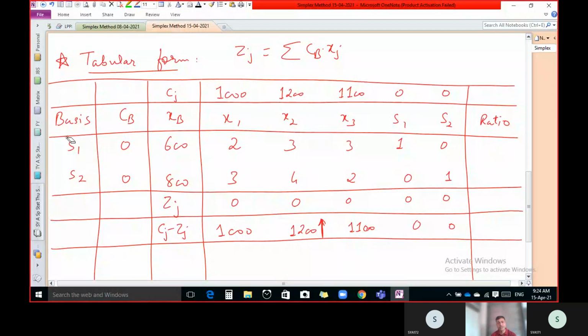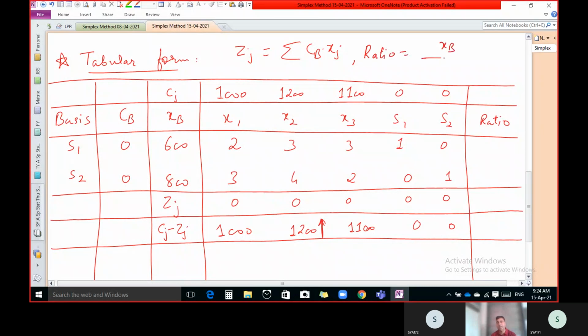In our next table, in place of s1 or s2, we have to write x2. Now the question is, in which place do we write x2, in place of s1 or s2? To decide that, we have to find the ratio, which is also known as the replacement ratio, and there is a formula for it.